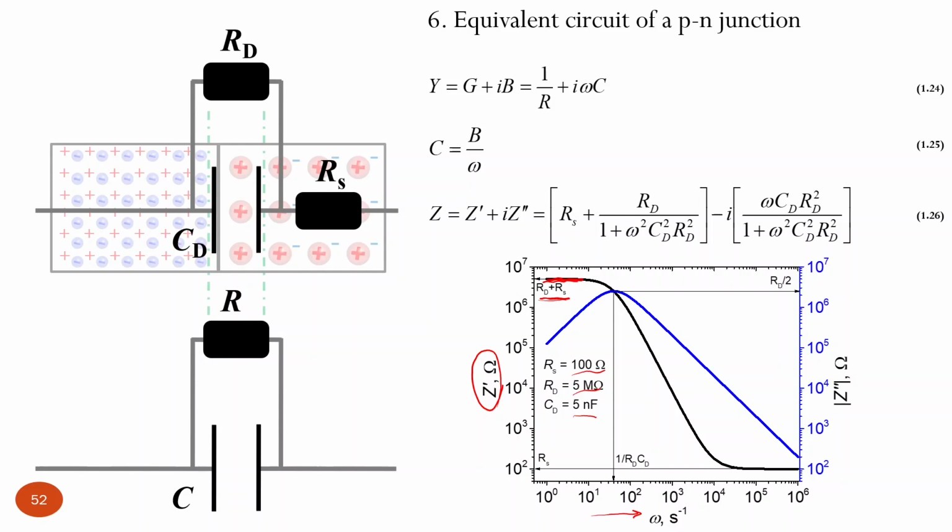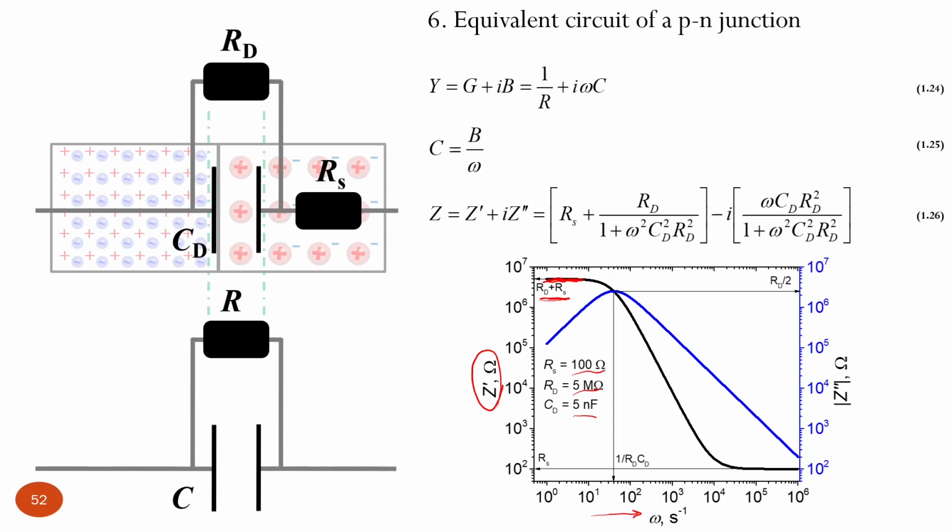Obviously, this is a huge number. It will be determined by the depletion layer resistance, and with a high level of accuracy we can just neglect the contribution of series resistance to the low frequency real component of impedance.